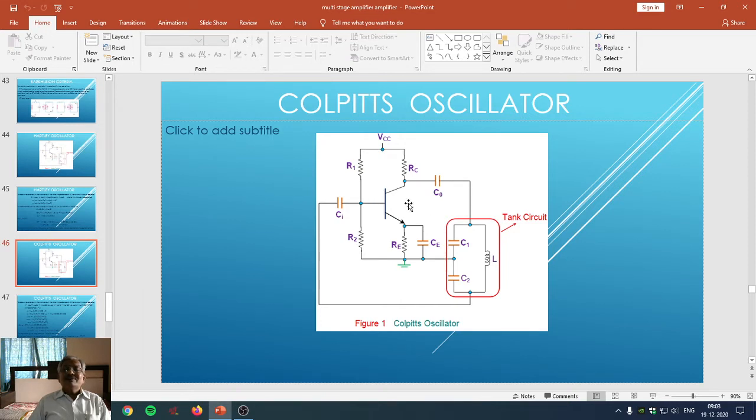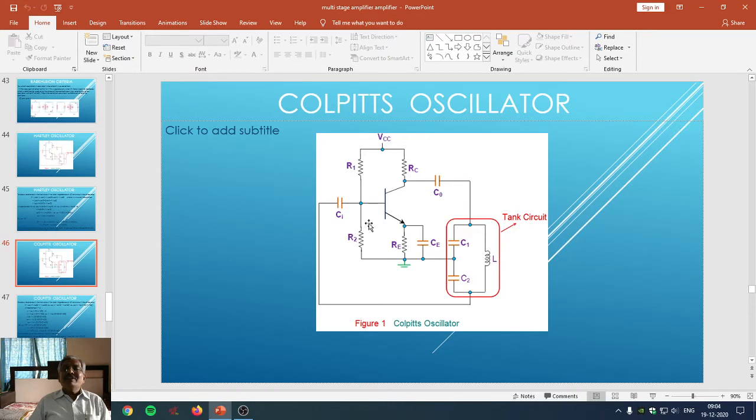This transistor is biased by means of a voltage divider arrangement formed by R1 and R2, in the active region, so that it acts as a faithful amplifier. R1 and R2 are also called the resistor divider biasing network, which we already studied in the methods of biasing.